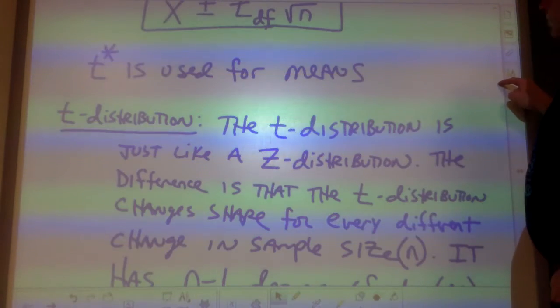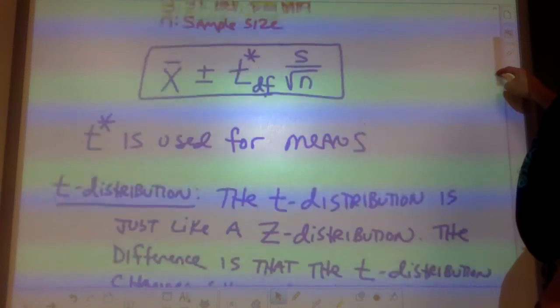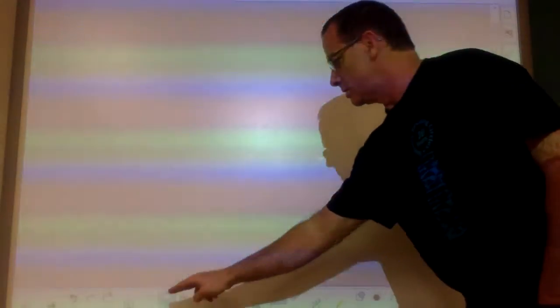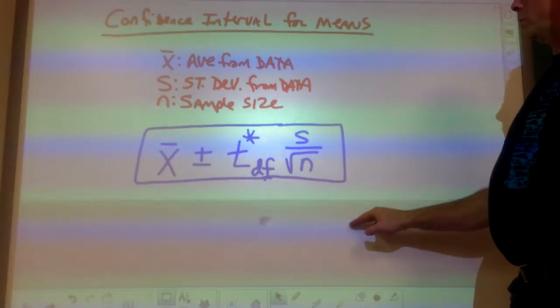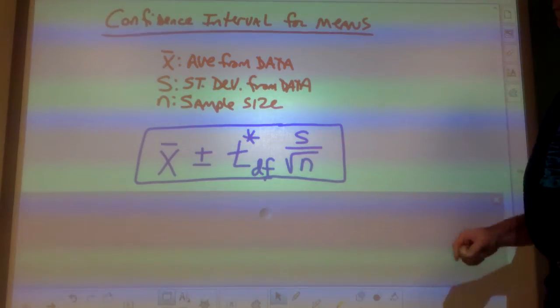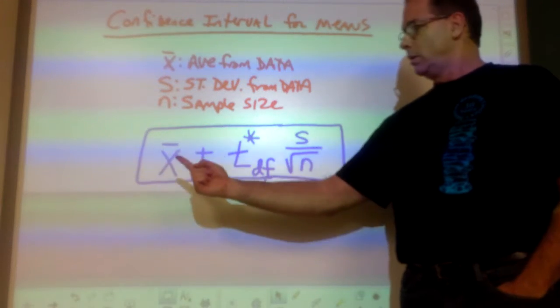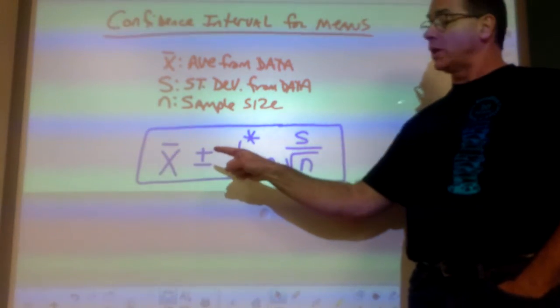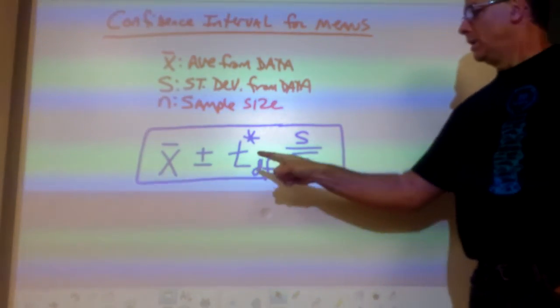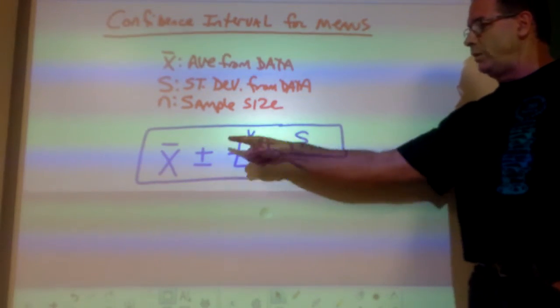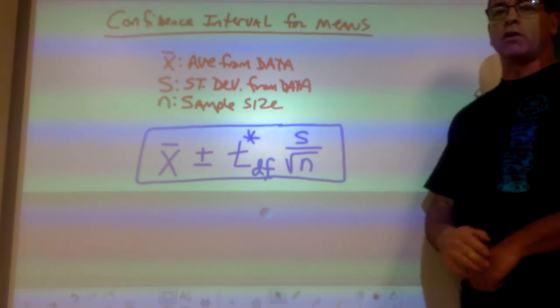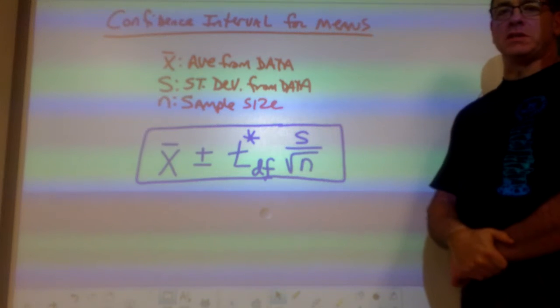The formula that we're going to use for our confidence interval is our x bar that we get from data, plus minus, just like before. Now, instead of a z, we have to use a t for averages, and that's just a rule that we have in statistics.